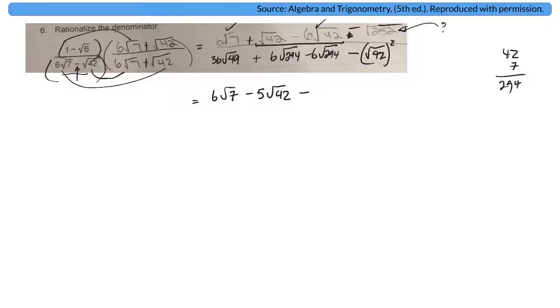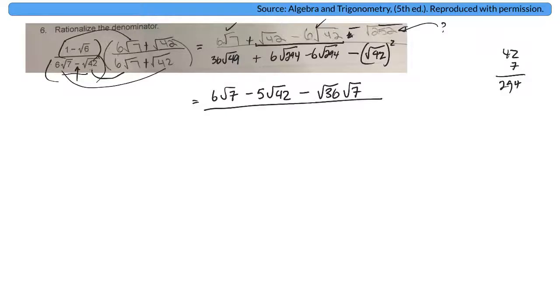Does 36 go into 252? Where's my calculator? I'm just guessing because 6 times 7. Let's try it. 252 divided by 36. Yeah, it goes 7 times. So this would be root 36 times root 7.